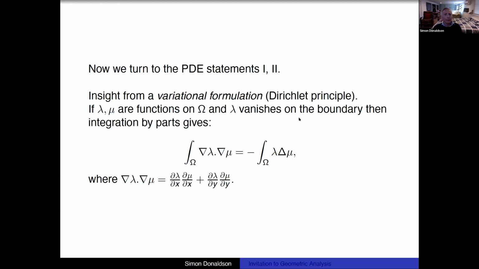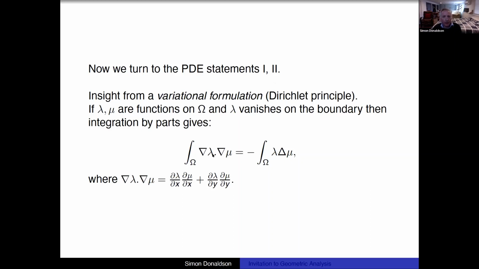So let's now contemplate these PDE statements that we enunciated. One gets insight into these from a variational formulation, what might be called the Dirichlet principle. For that, we should recall a basic identity involving this Laplace operator. If we take any functions lambda and mu on our domain, where lambda vanishes on the boundary, then we can take this quantity here.